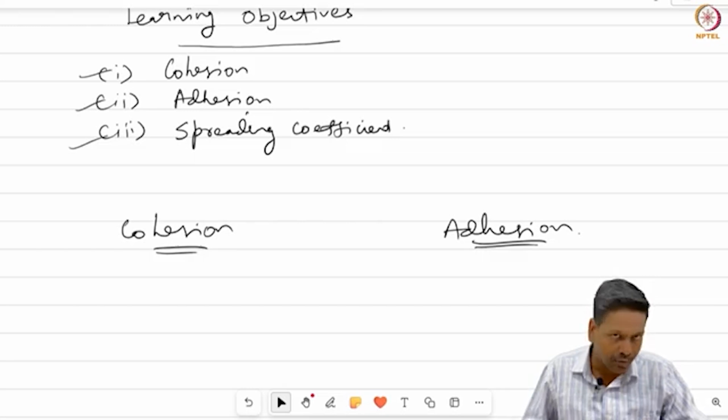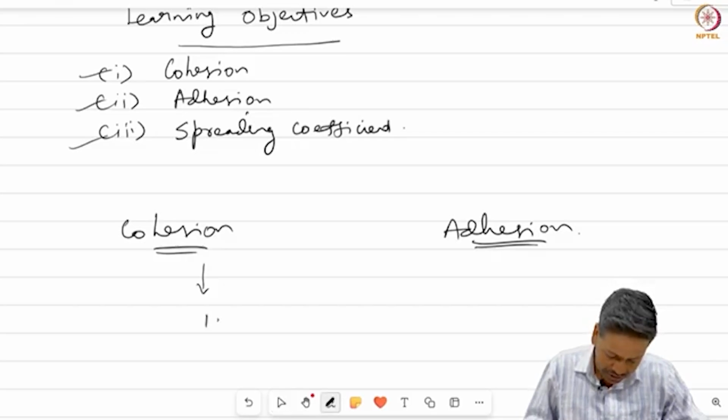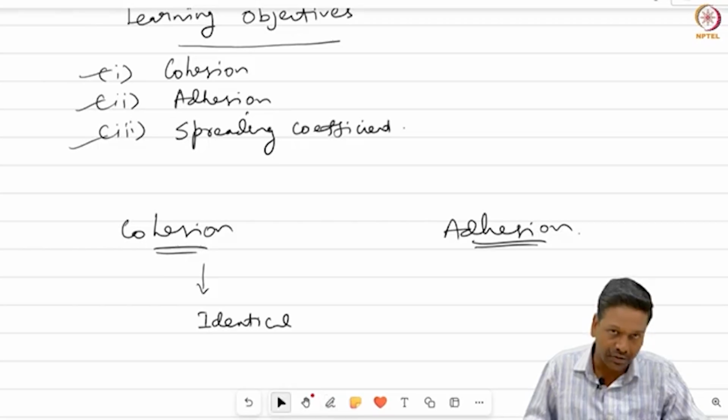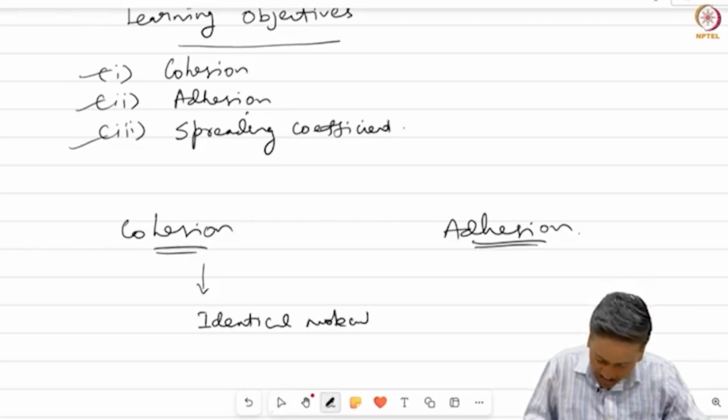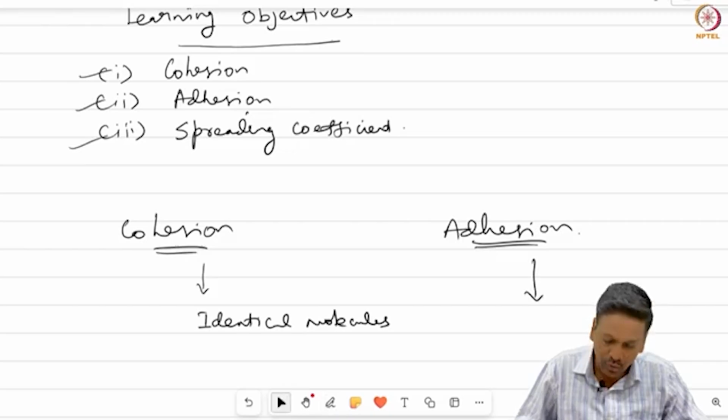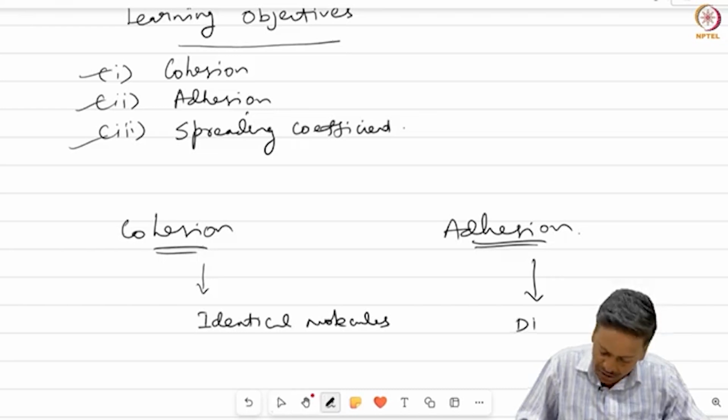Whenever we talk about cohesion, one thing that we should understand is that it involves the interaction between identical molecules, right? Whereas adhesion is the interaction between dissimilar types.